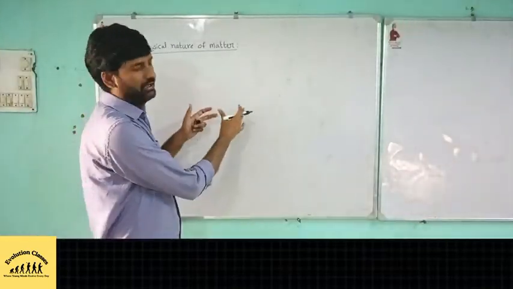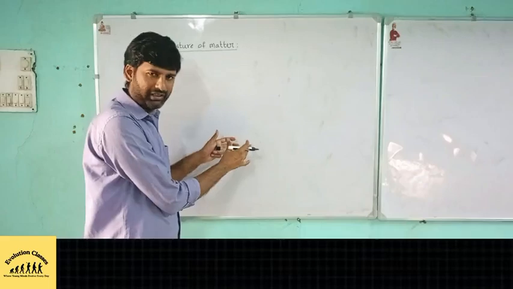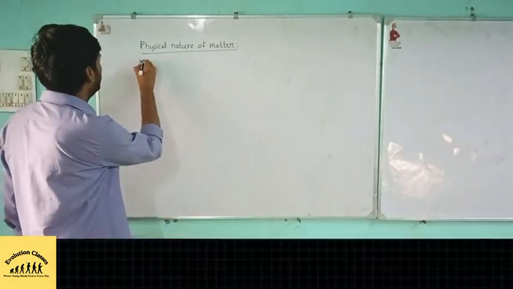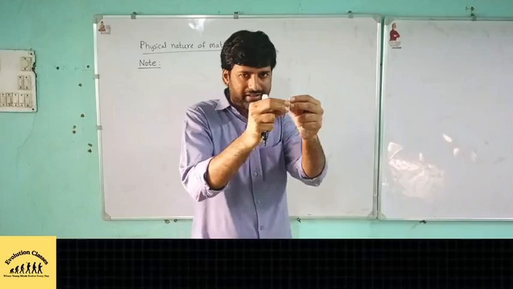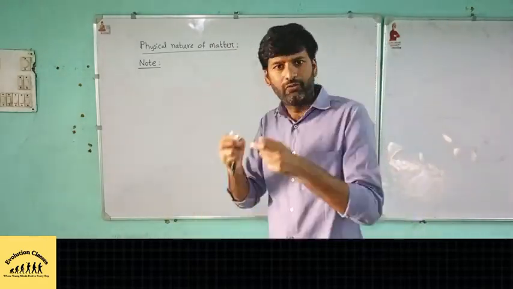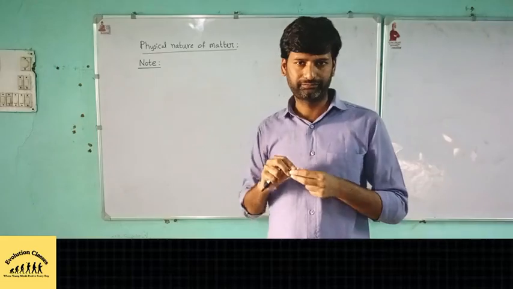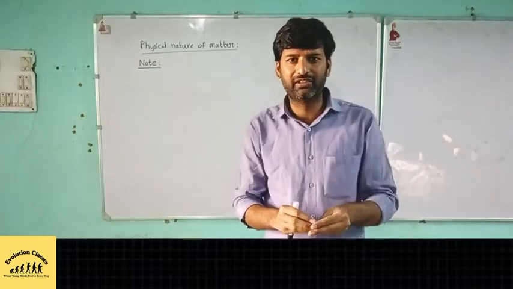Okay, by the discussion of these characteristics of particles of the matter, now we will see some noteworthy points here. We know that the particles of the matter are continuously moving. So when they are moving, they possess some kind of energy.